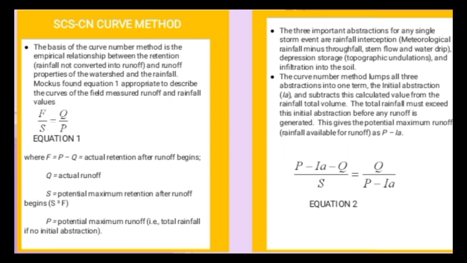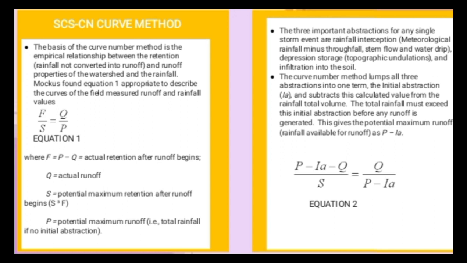In equation 1, F over S equals Q over P, where you can get the F by simply subtracting the value of Q from the value of P, where F equals P minus Q, or the actual retention after the runoff begins. Q stands for the actual runoff, while S stands for the potential maximum retention after the runoff begins, where the symbol P is the potential maximum runoff.